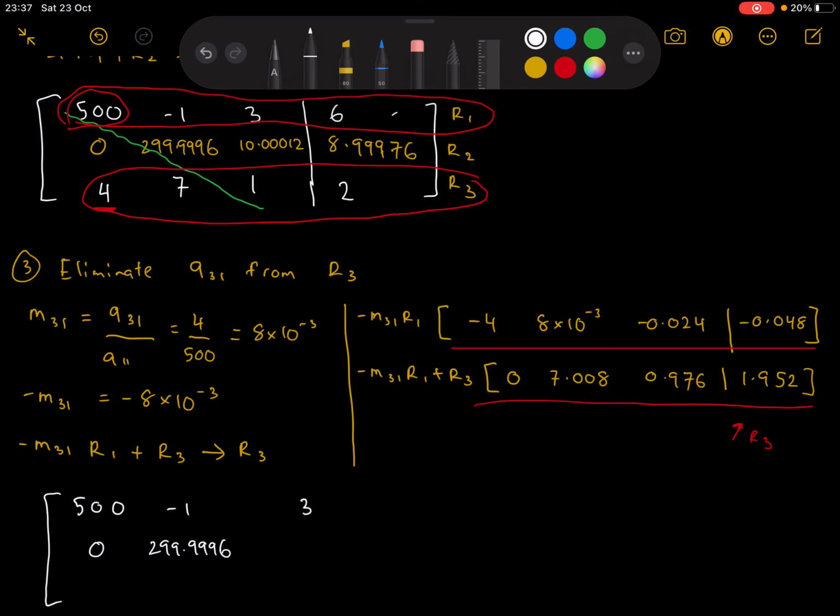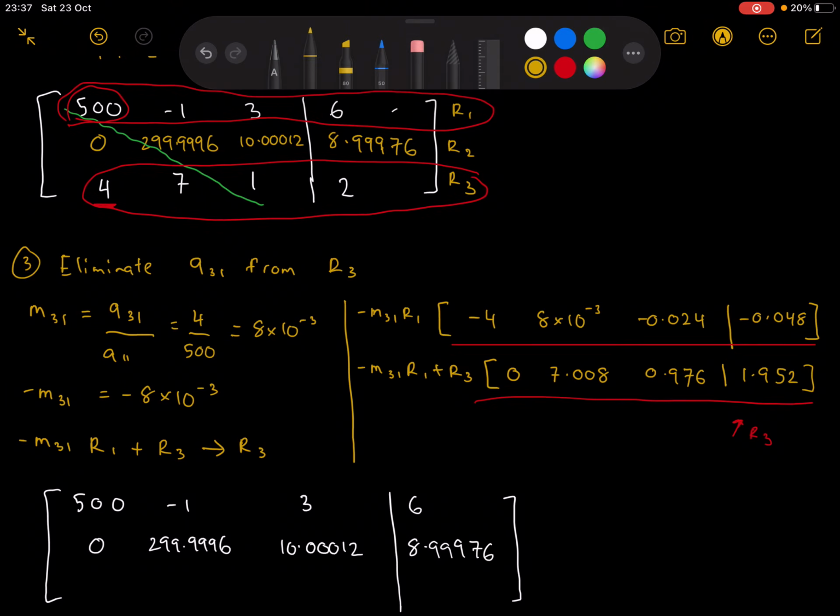So 3, 10.00012, 6, 8.99976, and then the last one, 4. So for the third row, we're going to obtain the value from here. So 0, 7.008, 0.976, 1.952. So now this is our row 1, row 2, and row 3.